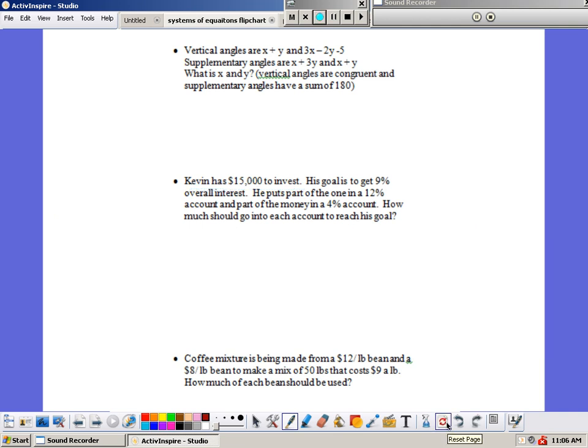A coffee mixture is being made from a 12-dollar-a-pound bean and an 8-dollar-a-pound bean to make 50 pounds that costs $9 a pound. How much of each bean should be used? Well, there's two beans. There's a $12 a pound bean and there is an $8 a pound bean. And my goal is to get a $9 a pound bean for 50 pounds.